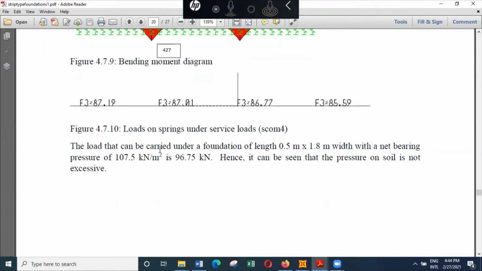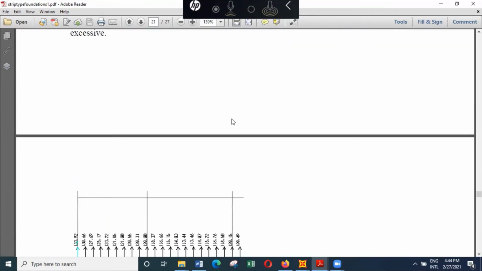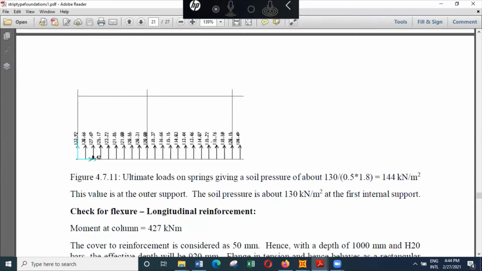So the load can be carried by the foundation, with the net bearing pressure of 107.5. The bearing pressure of 107.5 is more than 96.75, so there's no failure in the foundation.